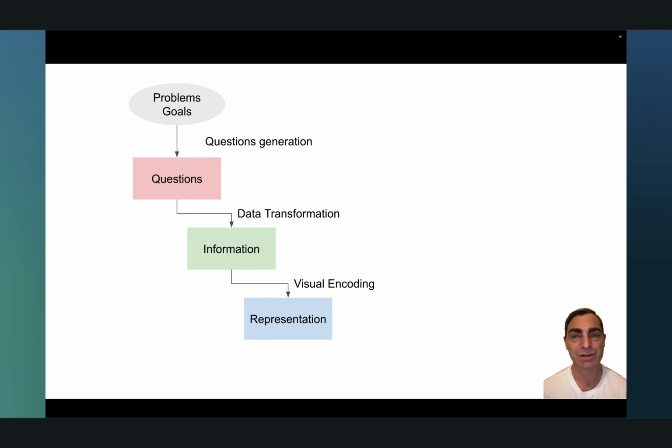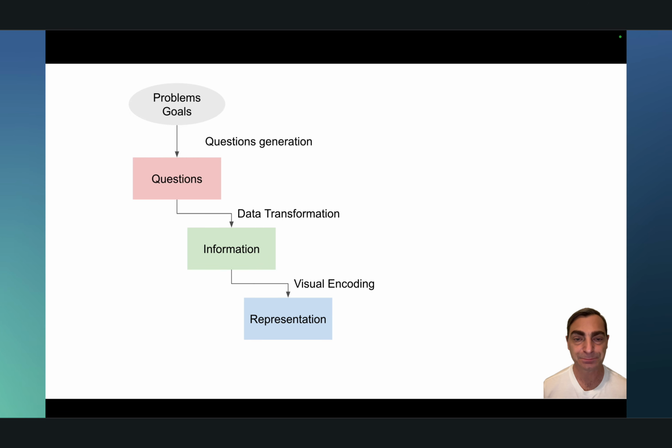So data transformations are the steps that extract from the data the information that you need to answer the questions that you have. Typically, most of the time, you need some degree of transformations, like, for instance, aggregations and computing certain statistics in order to answer the questions that you have.